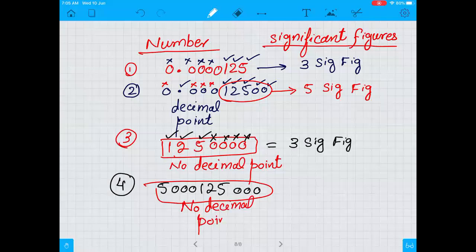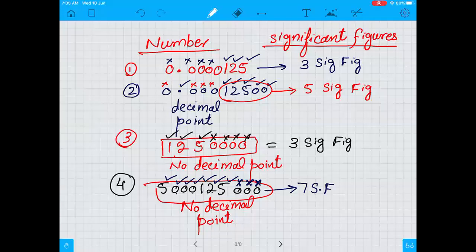The rules are that these non-zero digits are always significant, and the zeros present between 2 non-zero digits, they are always significant. The zeros which are on the right side of non-zero digits are insignificant if the decimal point is not there. So in total it has 1, 2, 3, 4, 5, 6, 7 significant figures. So this number has 7 significant figures.